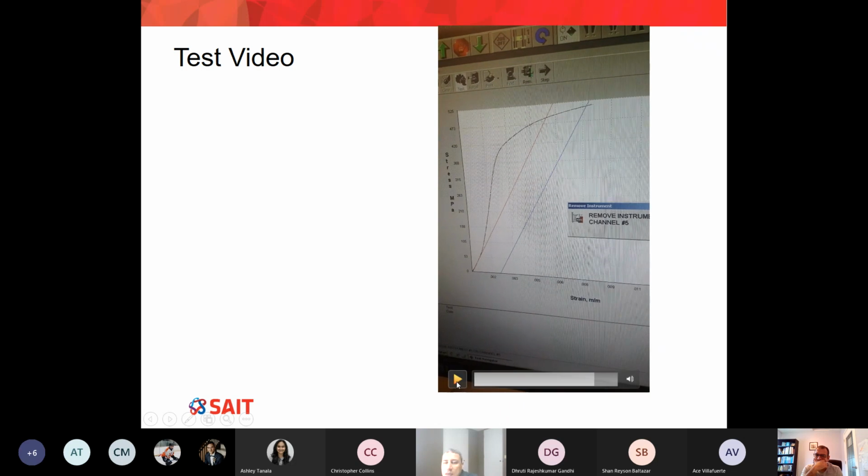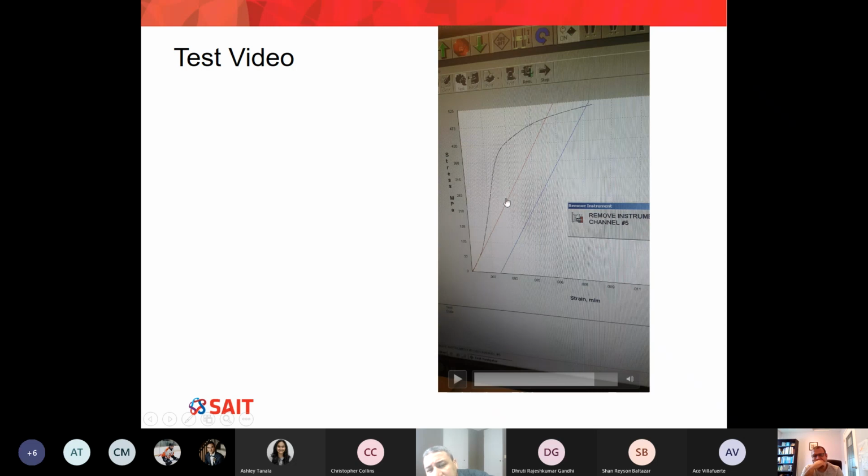All right. So I want you to look at this curve and see what you can get from this curve. The black curve is simply the stress strain curve.